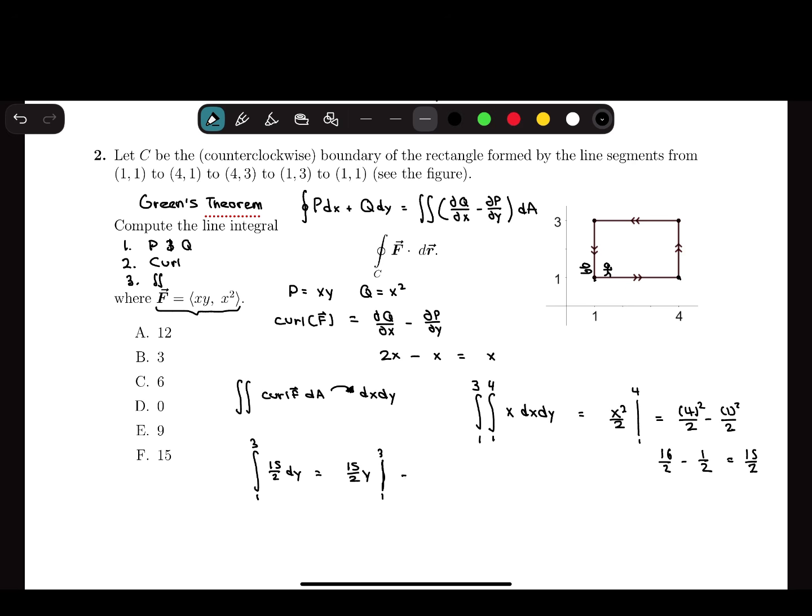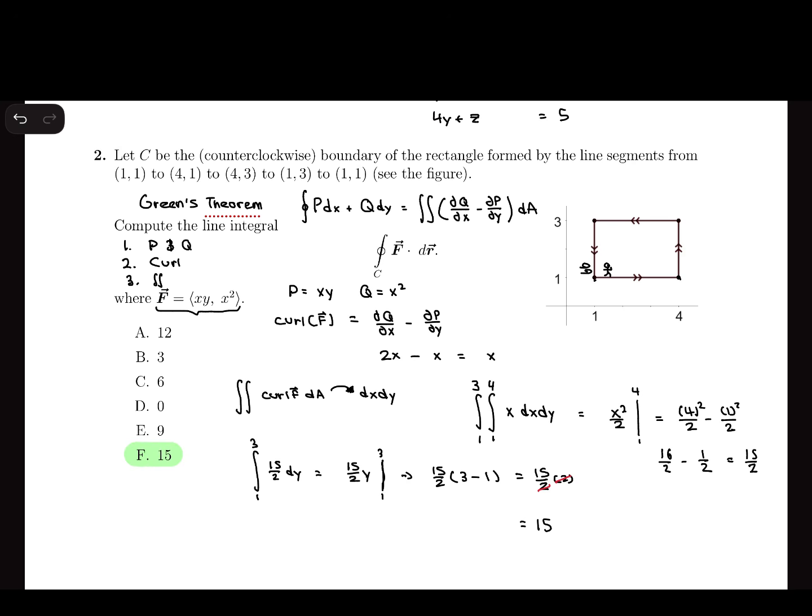We can write this out as 15 over 2 times (3 minus 1), which is just 15 over 2 times 2. So these 2's cancel out, and all you're left with is 15. If we look at our answer choices, that would be answer choice F. And that is question 2.